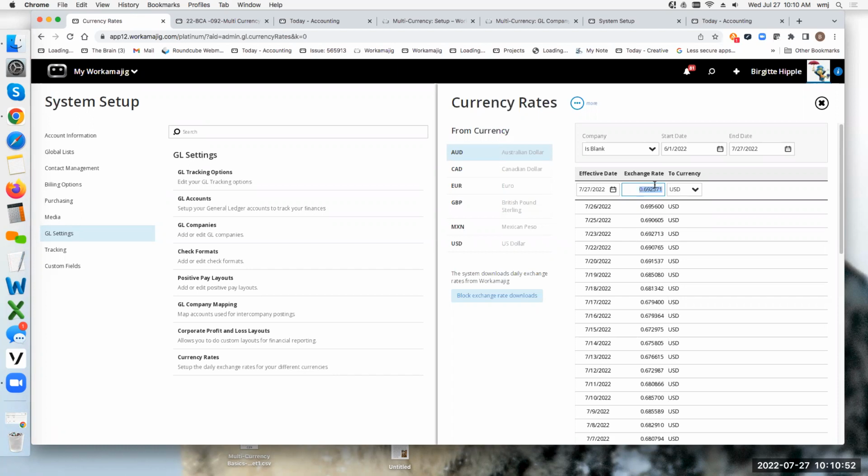When you enter any transaction in the system, you have that ability to change the currency rate on that one transaction. So this is just what defaults in. This is what will default in on your transactions, but every single transaction, you'll be able to make those changes.